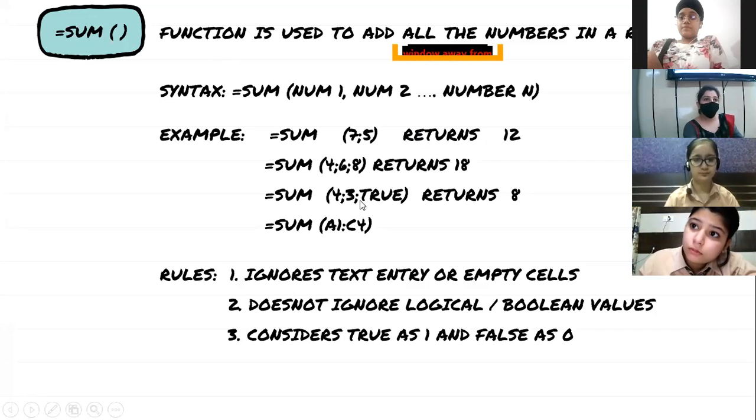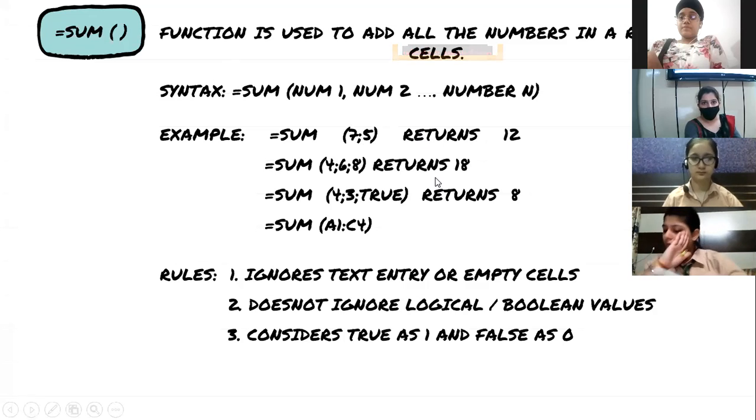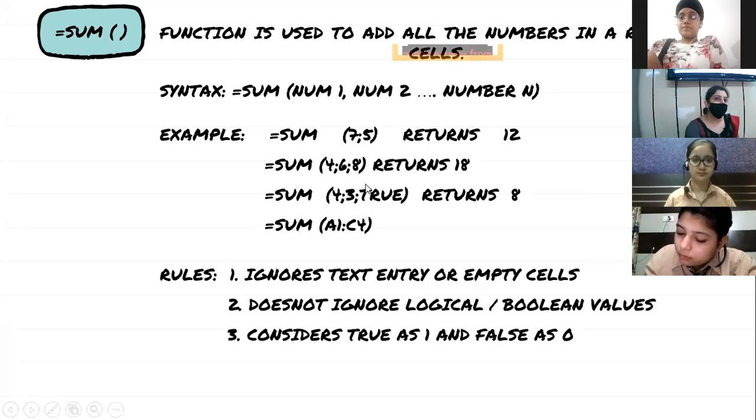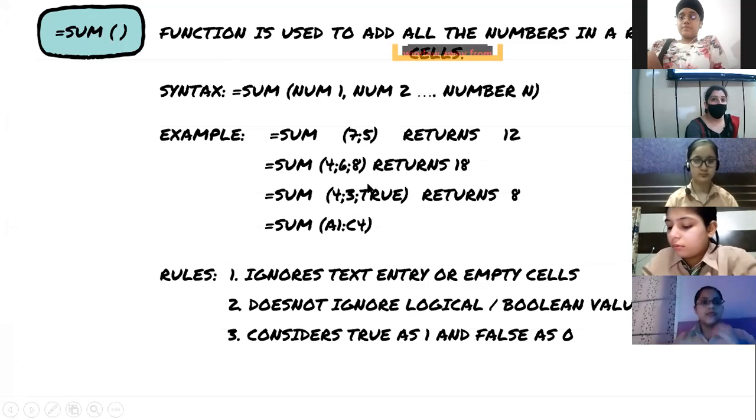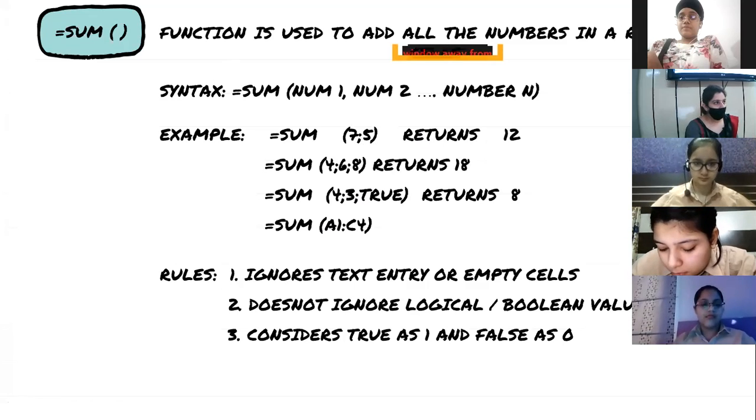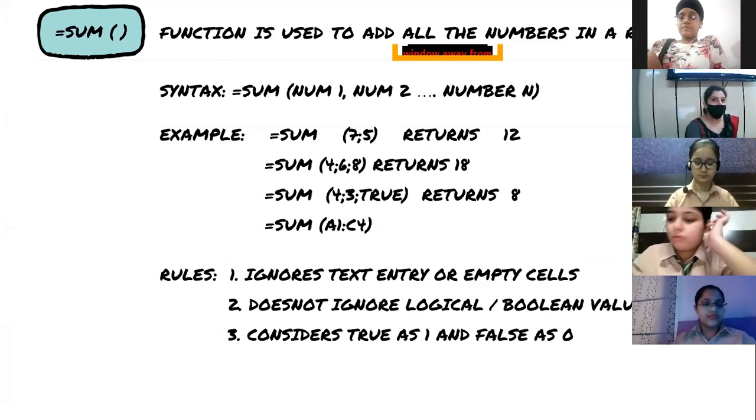Next, equal to sum 4 semicolon 6 and then 8. So 4 plus 6 plus 8, that is equivalent to 18. Clear the output? Next, one thing: when you are referring to the logical values or the Boolean values in any of the functions, you already know that there are on and off.